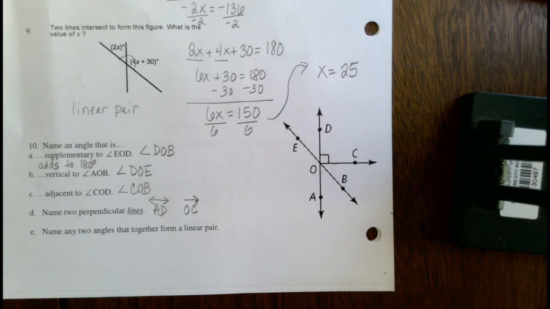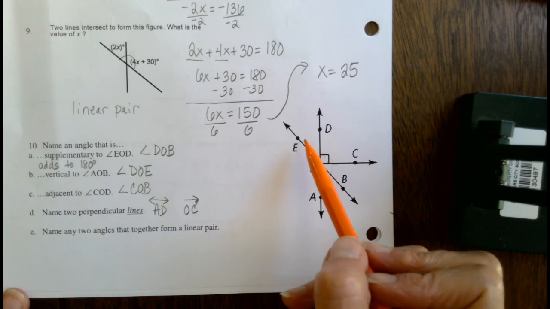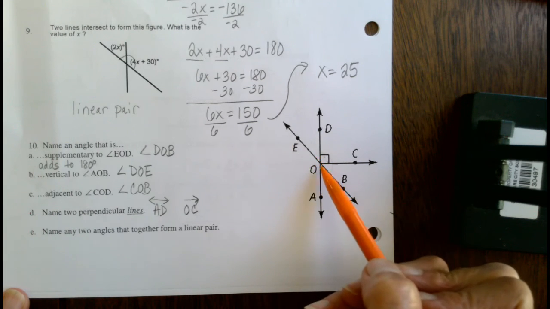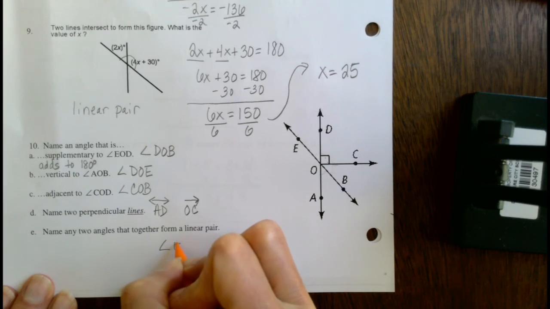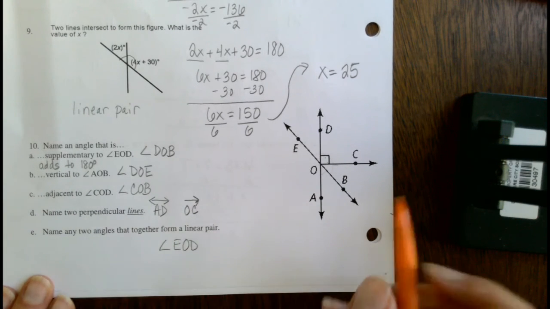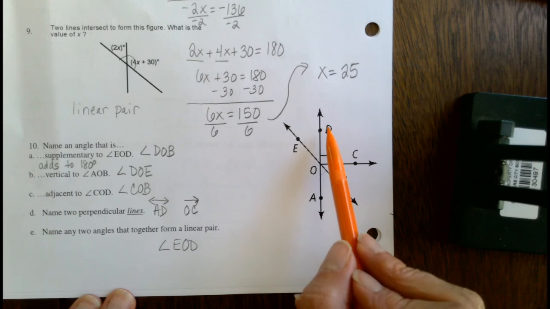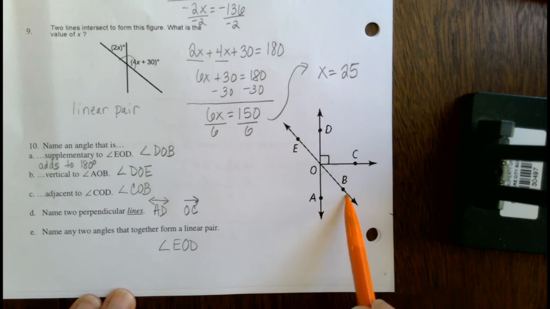And then finally, name any two angles that together form a linear pair. Well, they have to be side by side, and they have to combine to be 180. So we actually could use something that we already did, which is that angle EOD from letter A and angle DOB.